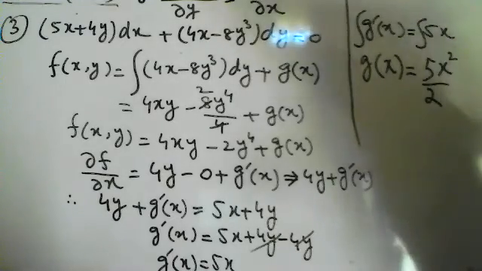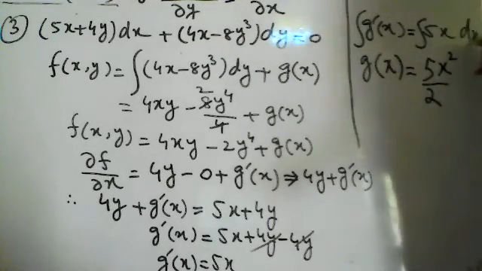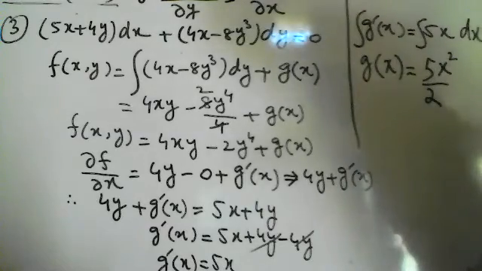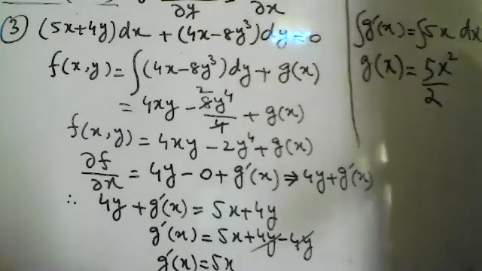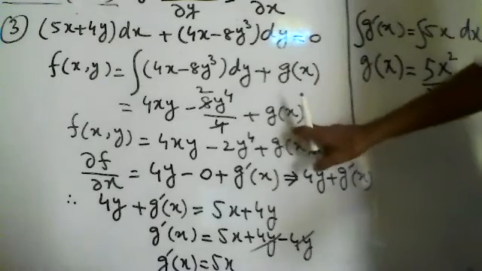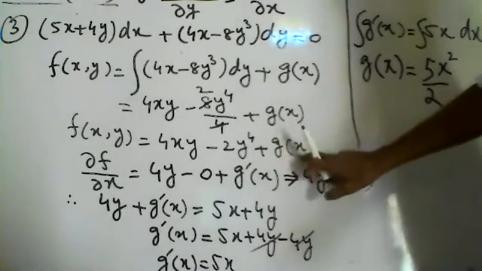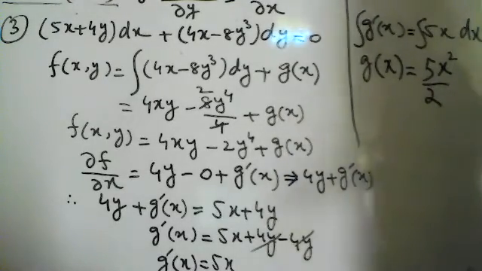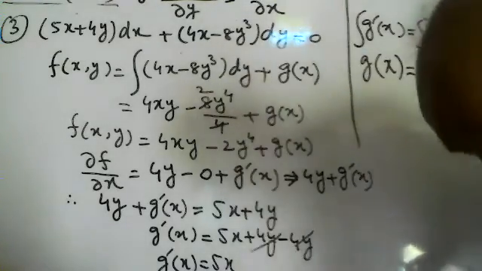The integration of 5x with respect to x becomes 5x square upon 2. That will be added over there, so that will be the final answer, equal to constant.